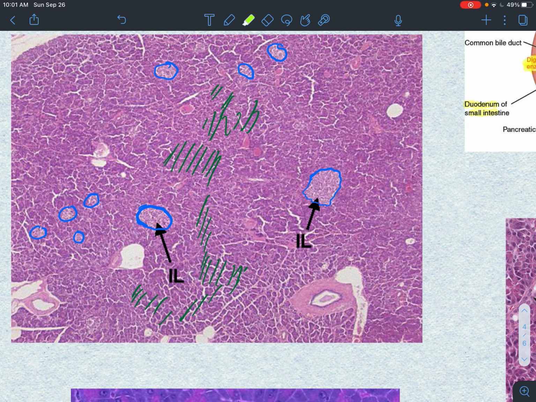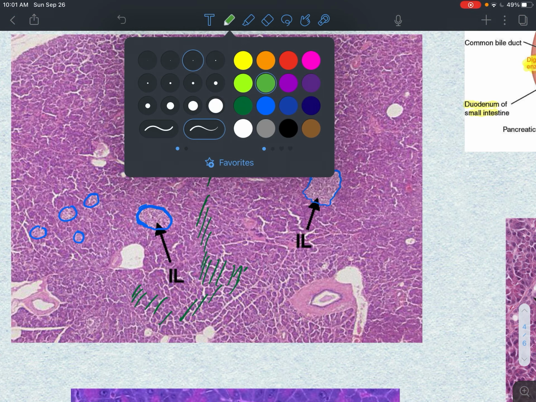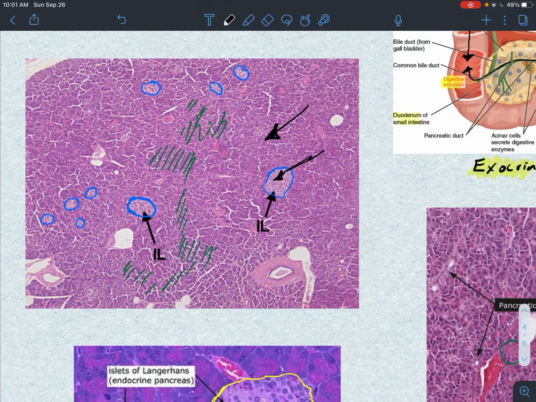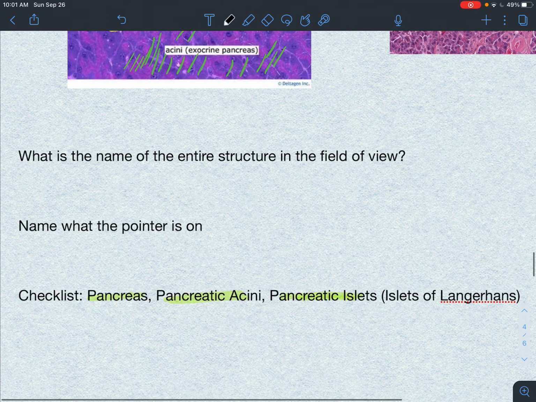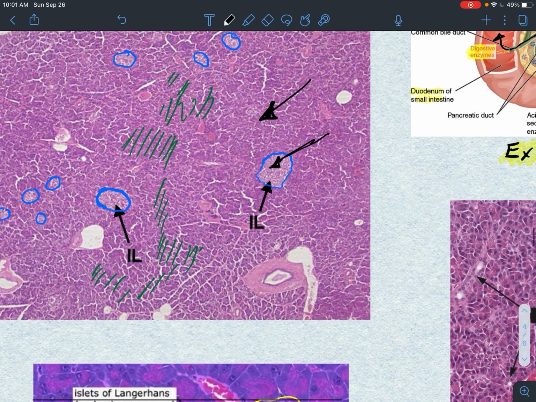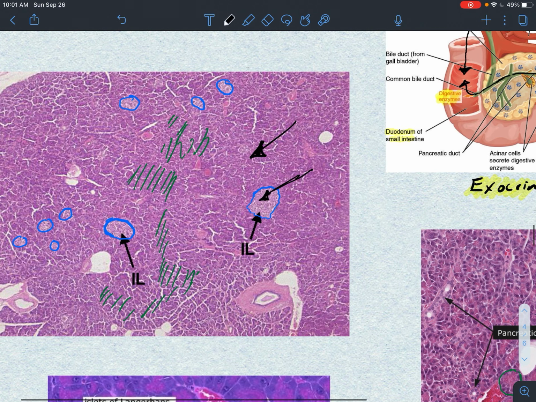Well, you would want to go with pancreas, right? If there is a pointer, right, then the pointer could either be pointing onto the acini, and so then you would want to say acini or pancreatic acini, or it could point into the islet. And at that point, you could either say pancreatic islet or islet of Langerhans. That's up to you. I like saying the islet of Langerhans. It just sounds a little better to me. But either way is fine.